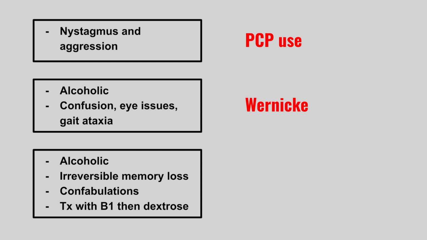Next, we have a patient who's an alcoholic, presents with irreversible memory loss, confabulations, and we treat this with B1, then dextrose. This is Korsakoff syndrome. So remember, Wernicke-Korsakoff happens due to a B1 thiamine deficiency. So you always want to replace the B1 first and then give dextrose.